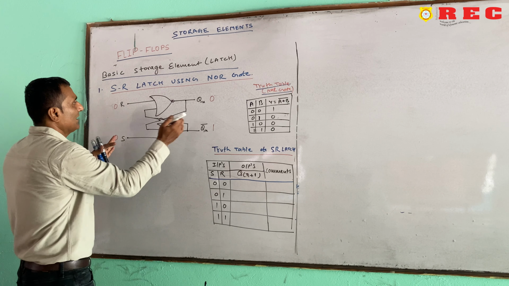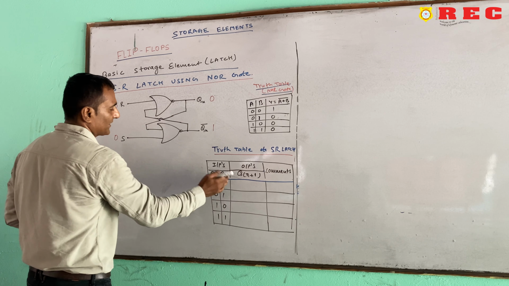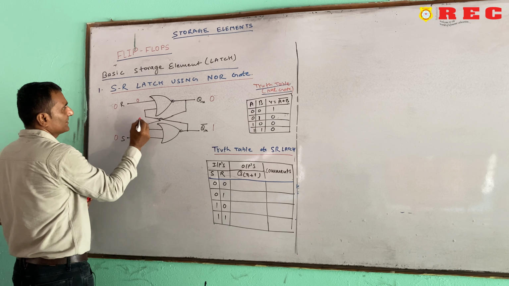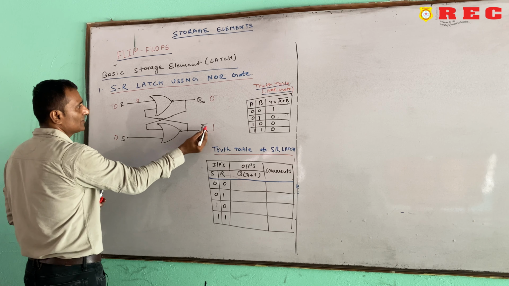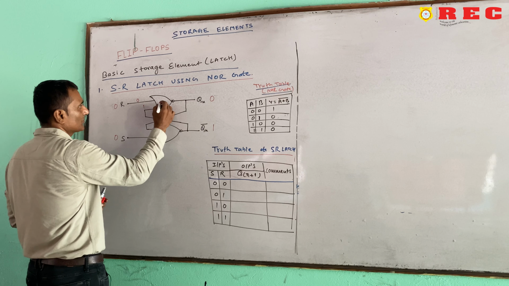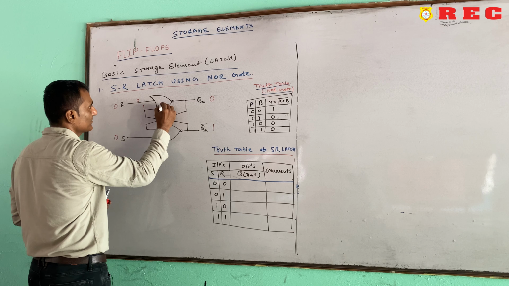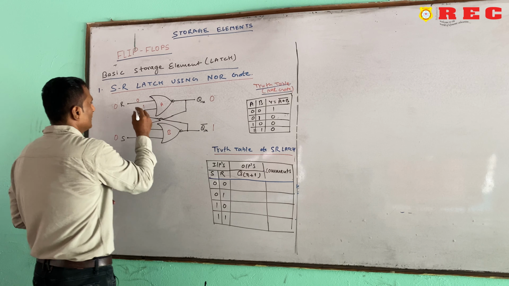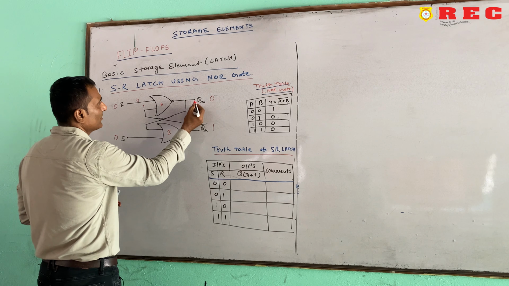So, what will happen in this case? When this is 0 here, this Qn complement is 1, it will be 1 here. Suppose this NOR gate is named A and this one is B. So, 0 and 1, what will come here?